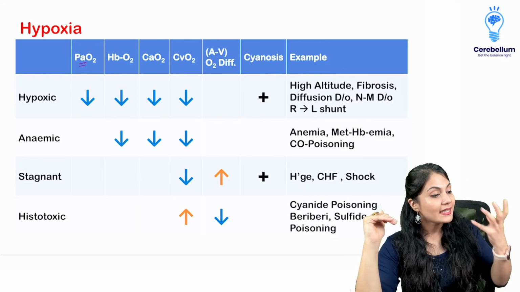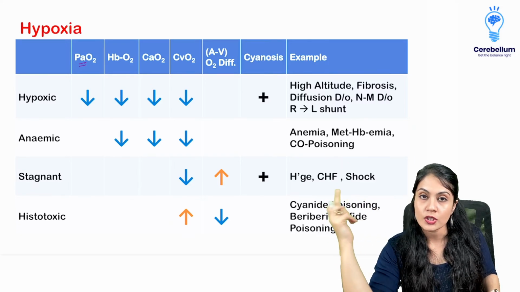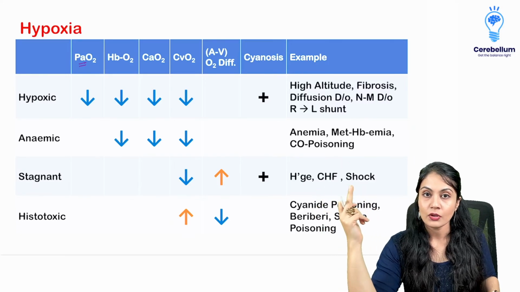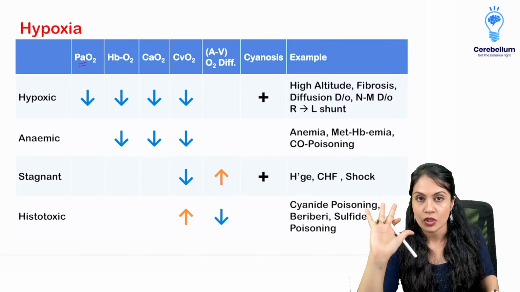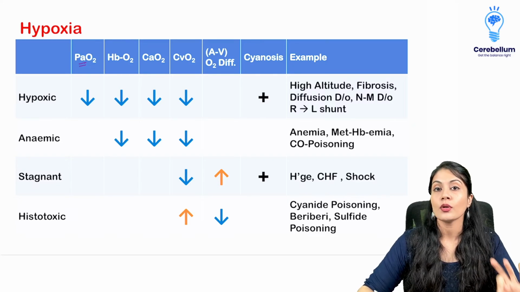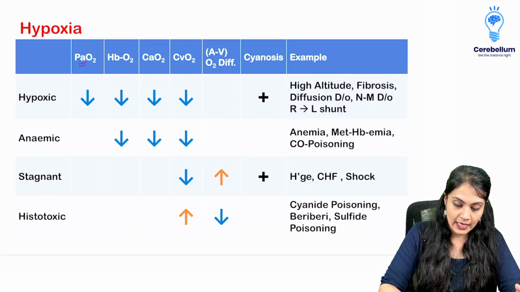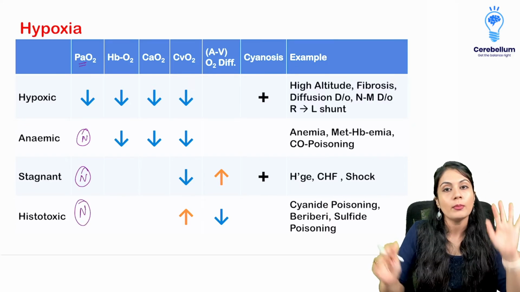And that's why the dissolved form will be lesser. Why? Because overall lesser oxygen is present in the alveoli, or it is coming lesser in the pulmonary capillaries. Then only it is possible. So please understand, the partial pressure is only and only going to decrease in the case of hypoxic hypoxia. In the rest of the conditions, it is going to be normal.